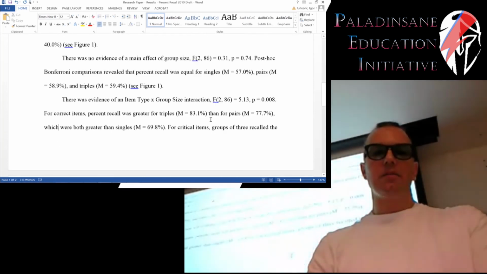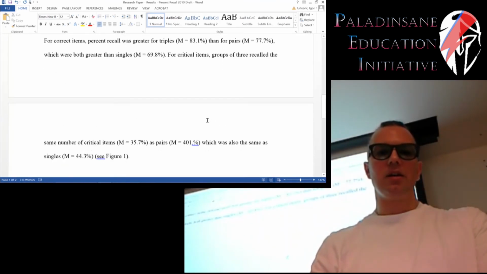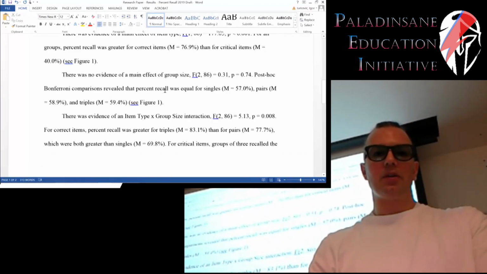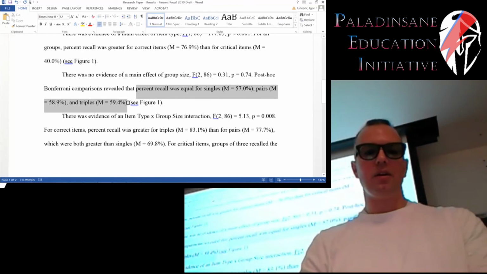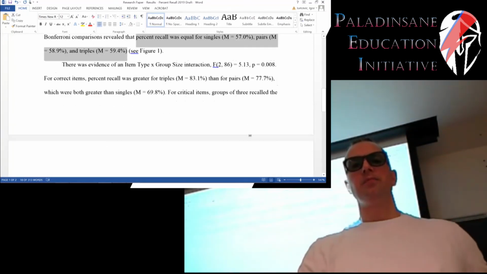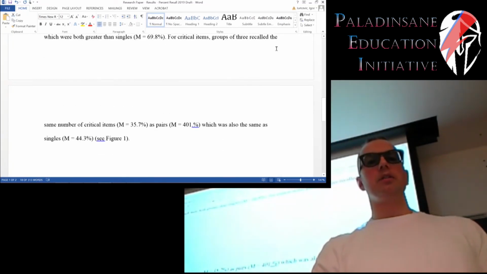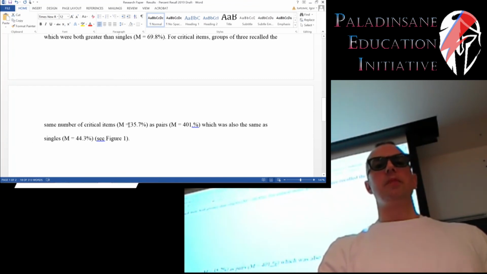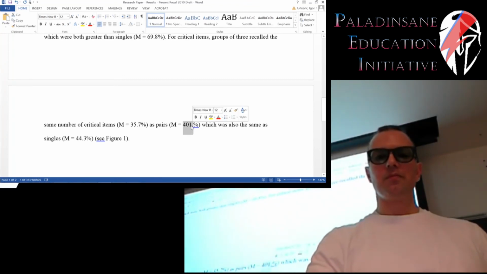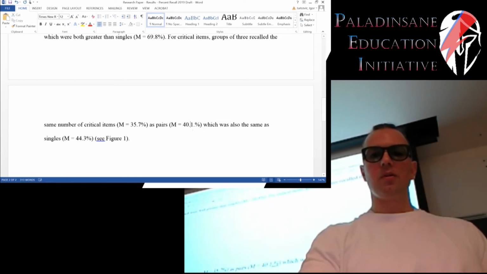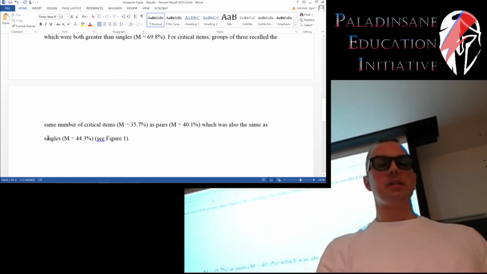All right, and then for the last one, we have percent recall. You know what, let's just use this guy right here. So for this last one here, it goes groups of 3 recalled the same number of critical items as pairs, which was also, let's get that point one there, which was also the same as singles.